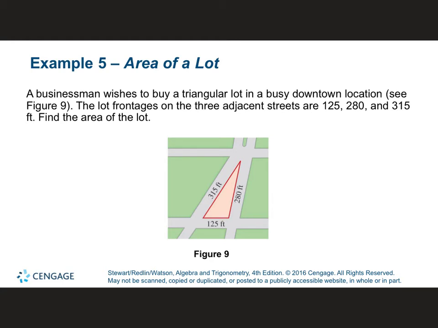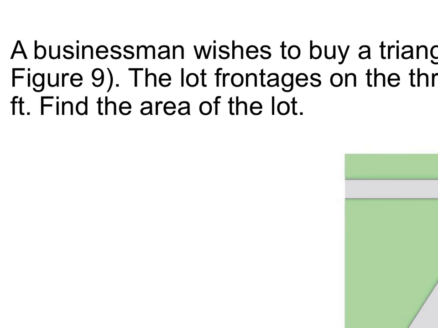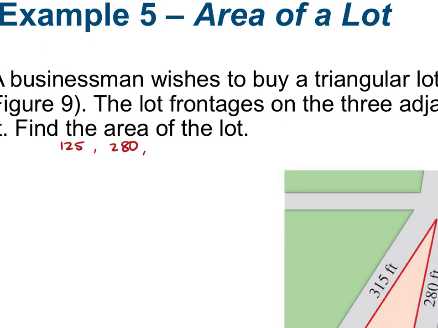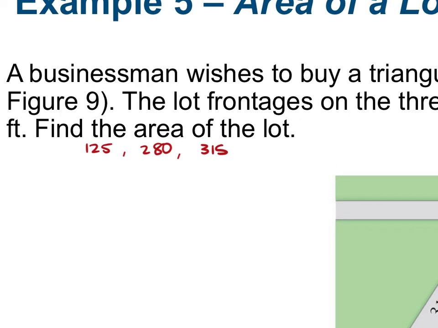So our 3 side lengths here are 125, 280, and 315. So in order to find S, let's do this. Let A be 125, B is going to be 280, and C is 315.